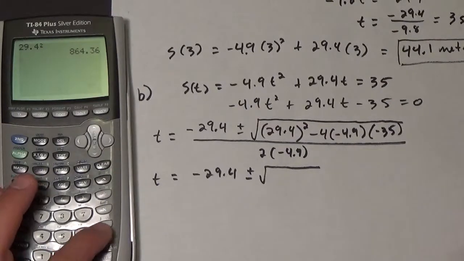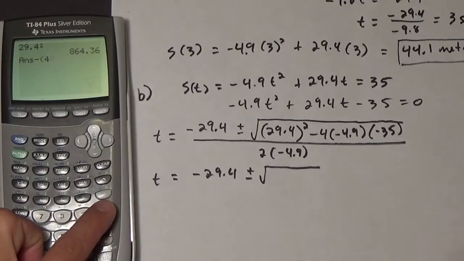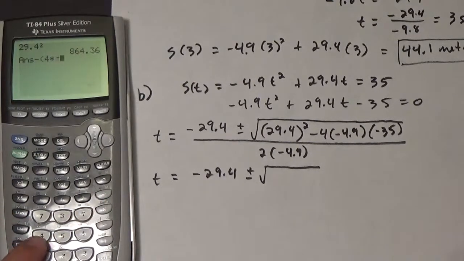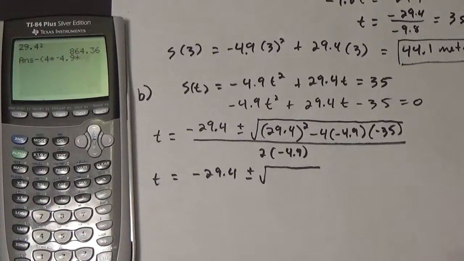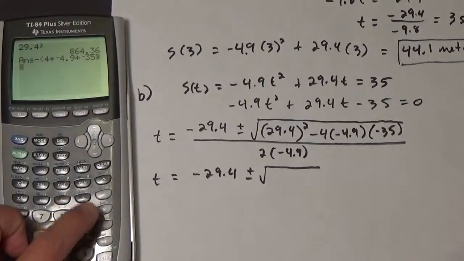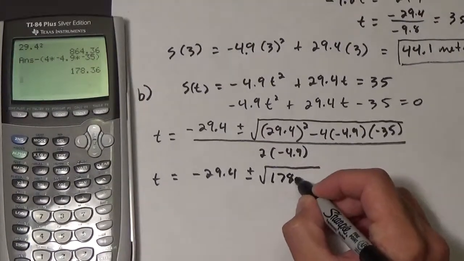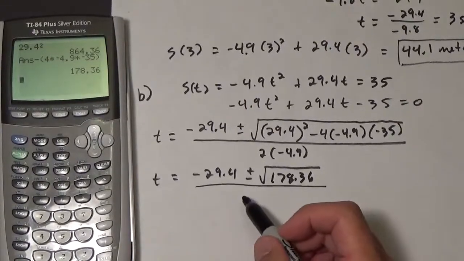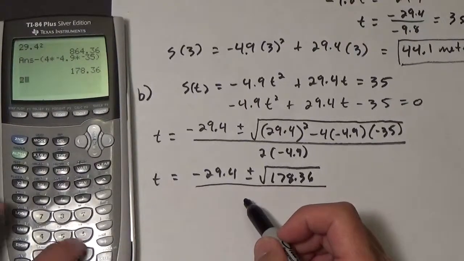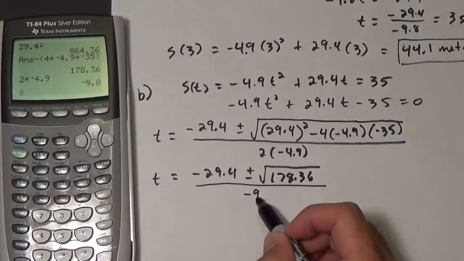And then we're going to subtract the quantity 4 times negative 4.9 times negative 35. So this ends up being 178.36, all over 2 times negative 4.9, which is negative 9.8.